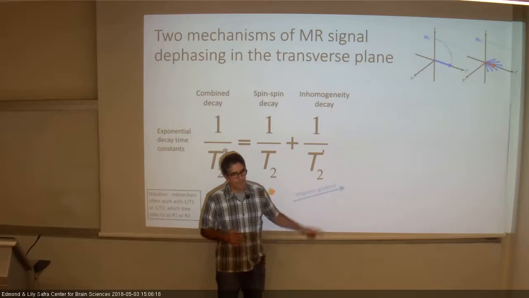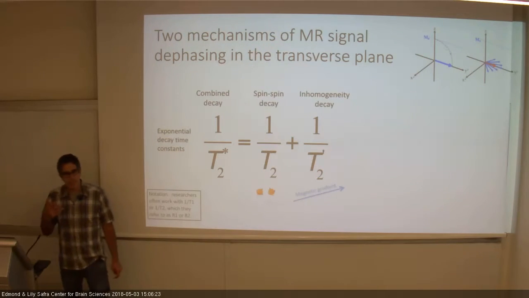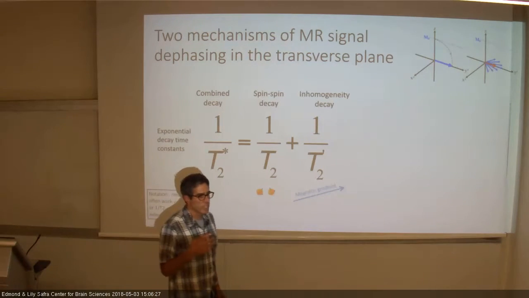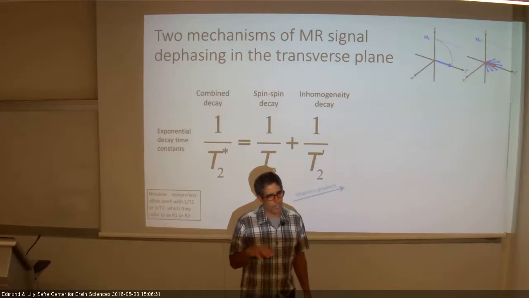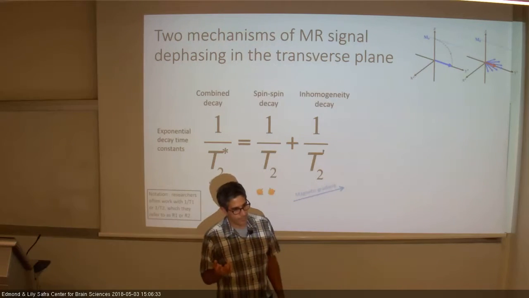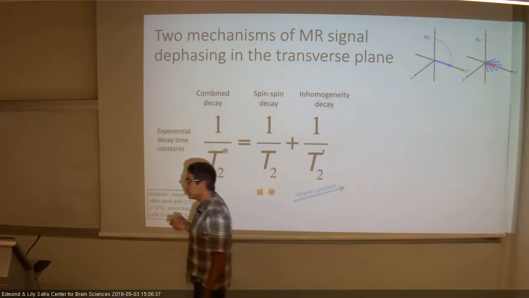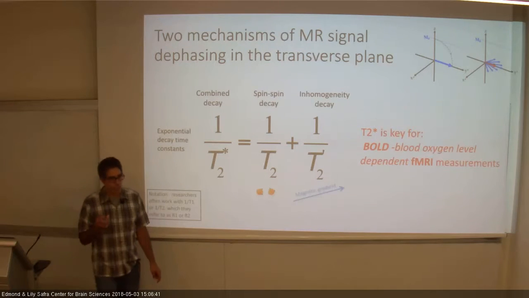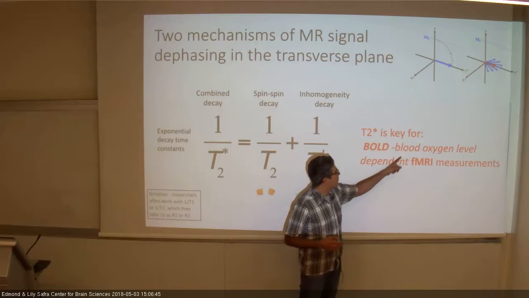And also, another important thing is that I said iron already, but also oxygenated and deoxygenated hemoglobin, which we have in our blood. One of them is paramagnetic, the other one is diamagnetic. So when we talk about functional MRI, we're going to talk about this magnetic field perturbation due to the blood oxygenation level.